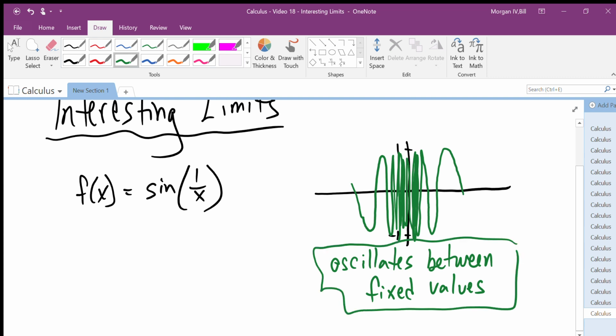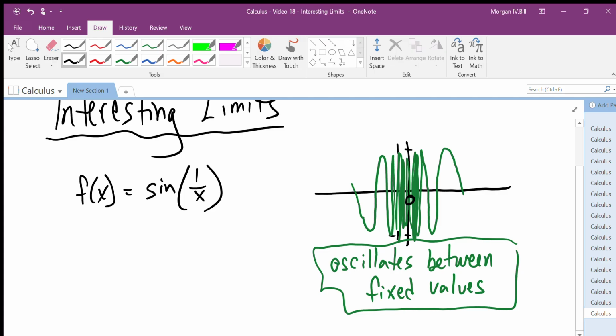What happens to this function if we limit the x's as x goes to 0? It's just going up, then it's going down, it's going up, it's going down. The answer is it never actually gets to anything. The y value goes up and down forever and never gets to a certain point.